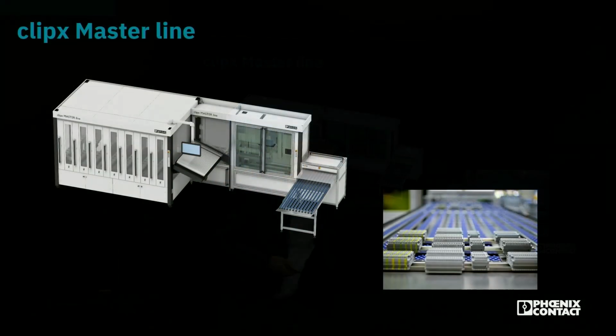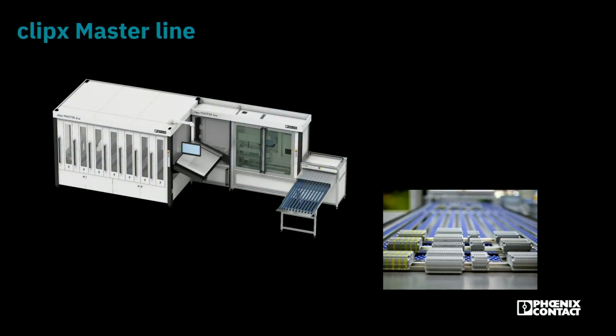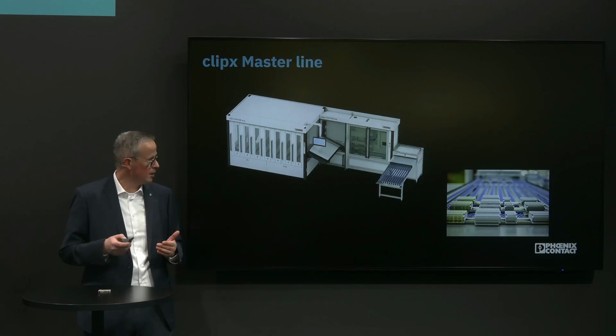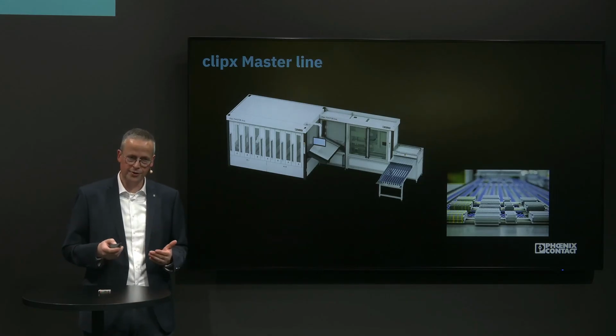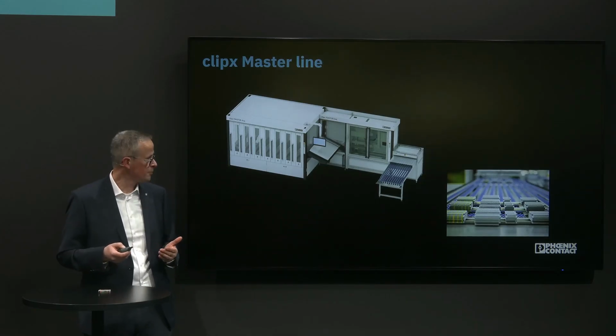And the output you can see here down on the right side are the terminal strips, and that's what I mean. So producing terminal strips is something that increases the efficiency in the whole control cabinet building, and this is what we want to offer.